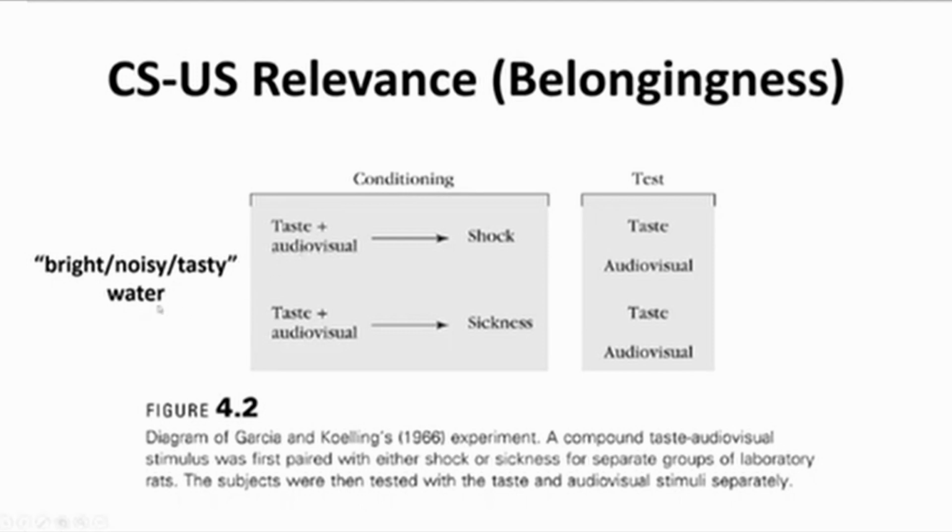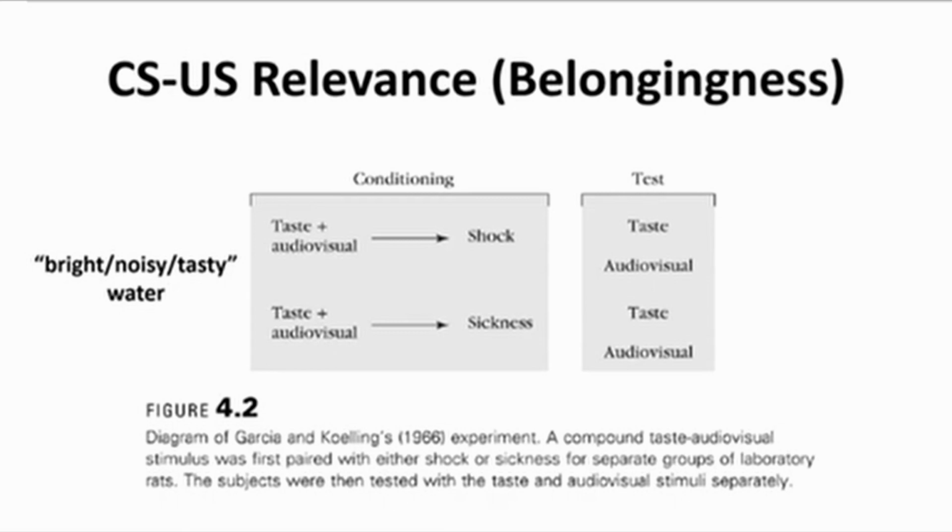What they basically have is a water bottle, and the water is flavored. The flavor could be either salty or sweet. And whenever they licked their water bottle, there would be a brief audio-visual cue, where there's a clicking sound and a bright light flashes.